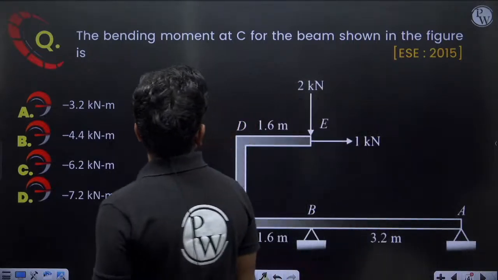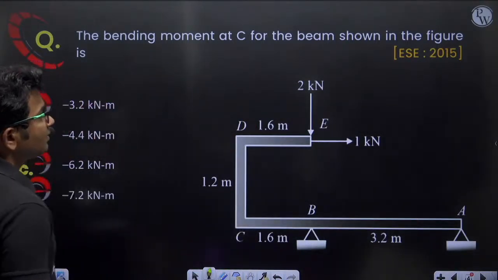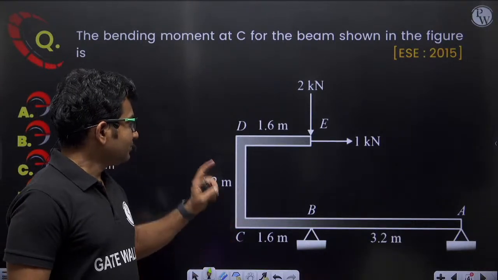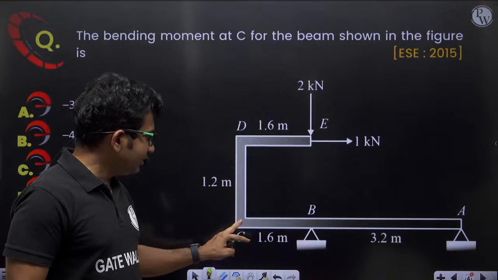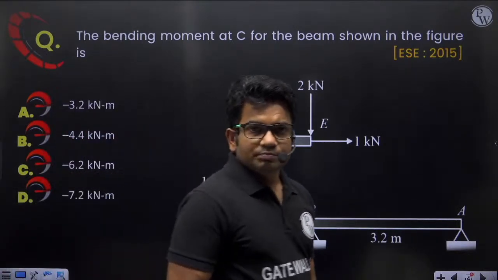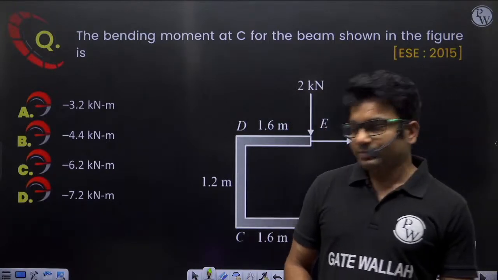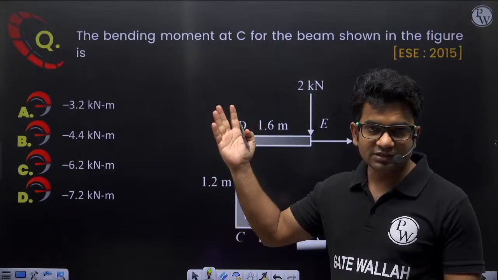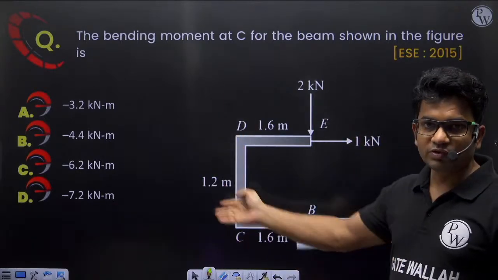The bending moment at C for the beam shown in the figure is, so we have to calculate the bending moment at point C. What is the bending moment definition? By definition, bending moment is the summation of all the moments either towards the right of the section or towards the left of the section.